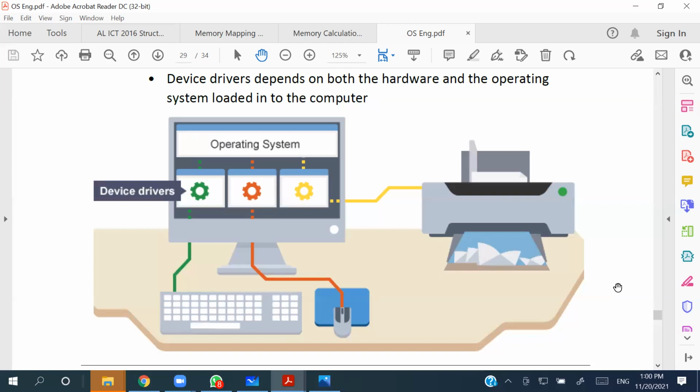Some printers are capable of scanning documents as well. Some are 3-in-1, scanning, copying, and printing. Some are 4-in-1, with fax, scan, print, and copying. And some can print different paper sizes, A4, A3, A2, A5 sheets.